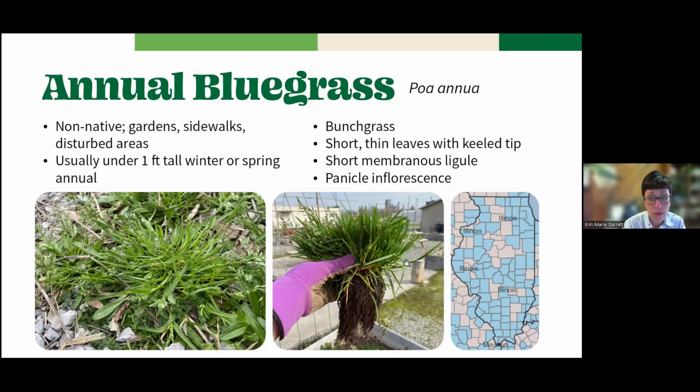We're going to have thin leaves with a keeled tip, a short membranous ligule, and a panicle inflorescence that, as we keep going along, you'll see is just the characteristic bluegrass panicle. Scattered throughout the state of Illinois. Wouldn't surprise me if it was in every county and it's just underreported.